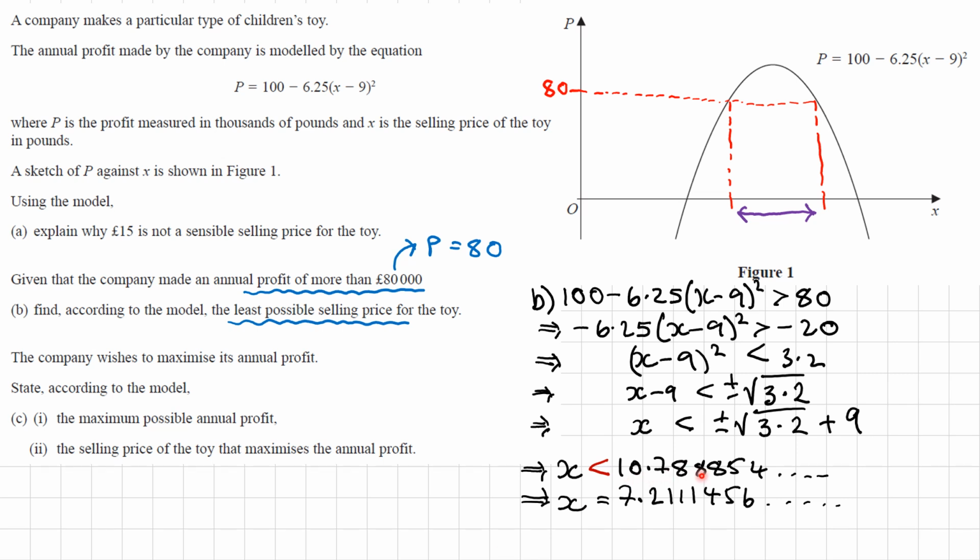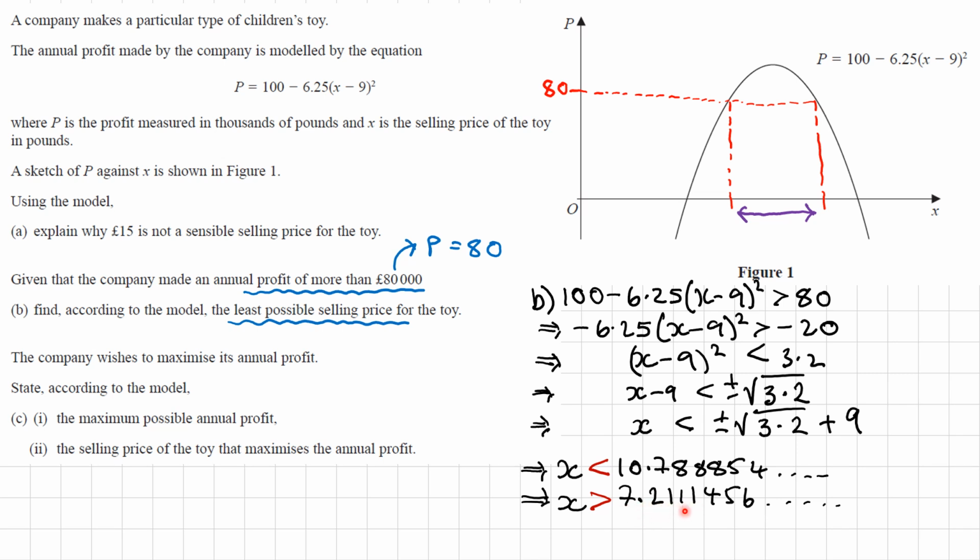If it's equal to this value, I'll get equal to 80,000. If it's above that, I'll get less than 80,000. So it needs to be less than this upper value, and greater than this lower critical value here. So my price needs to be just bumped up above this.